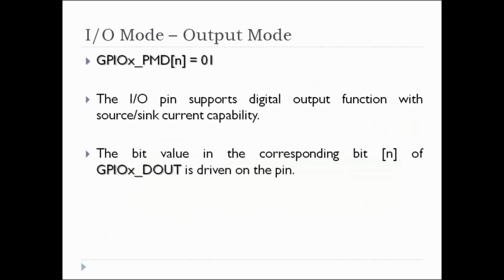The bit value in the corresponding bits of the GPIOX_DOUT control register is driven on the pin. If it is low, it will drive low; if it is high, it will drive high.